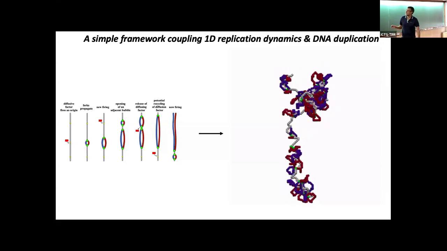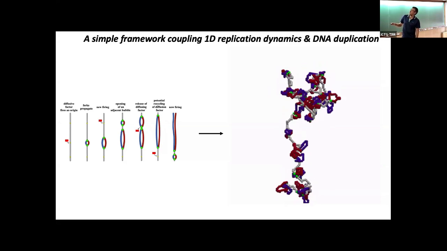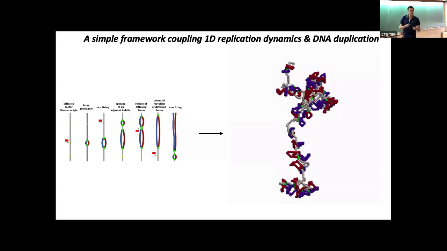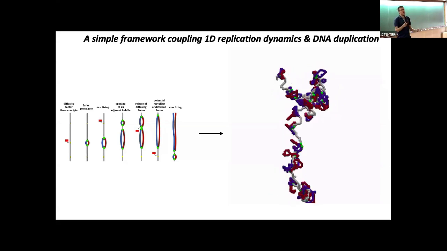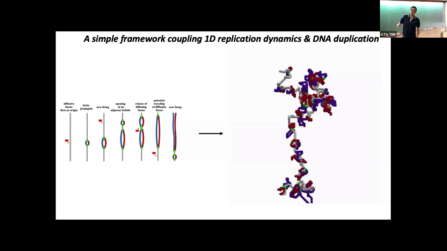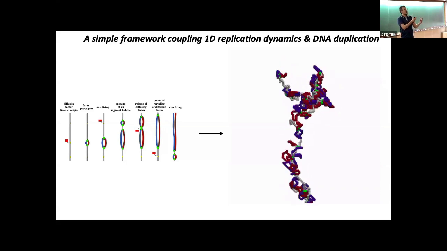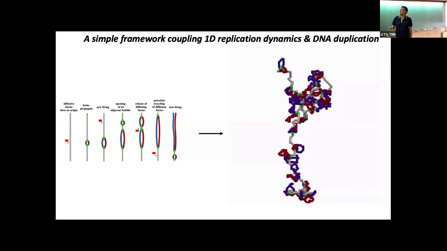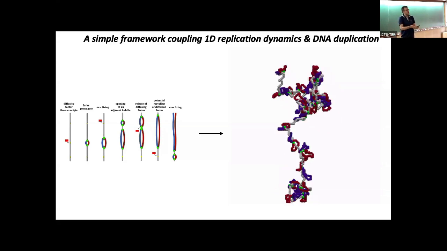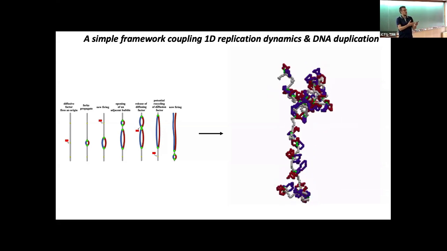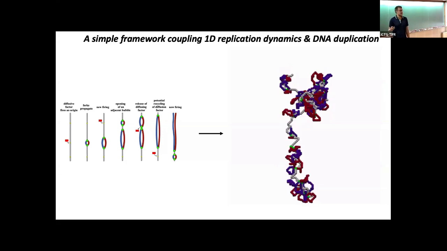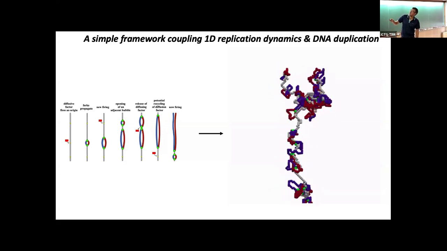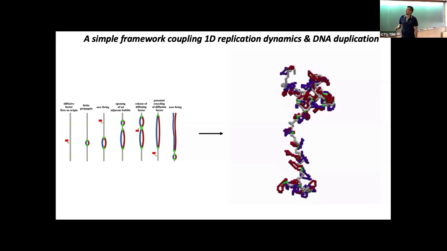What you are seeing here is a GIF animation of a simulation where we simulate the chromatin in three dimensions, and at the same time you have the dynamics of origin firing, spreading of the bubbles, merging, and so on. We explicitly account in the model for the formation of the extra chromatids. These red and blue pieces are the two sister chromatids that are produced.